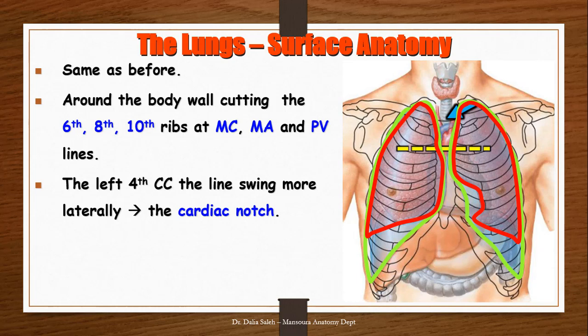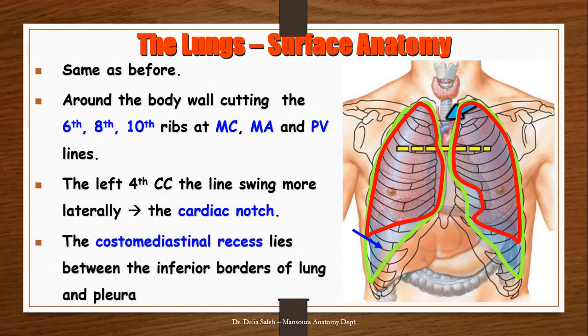Still, at the level of the left 4th costal cartilage, the line of the anterior border of the left lung swings more laterally to form the cardiac notch. The costomediastinal recess lies between the inferior borders of both the lung and the pleura.